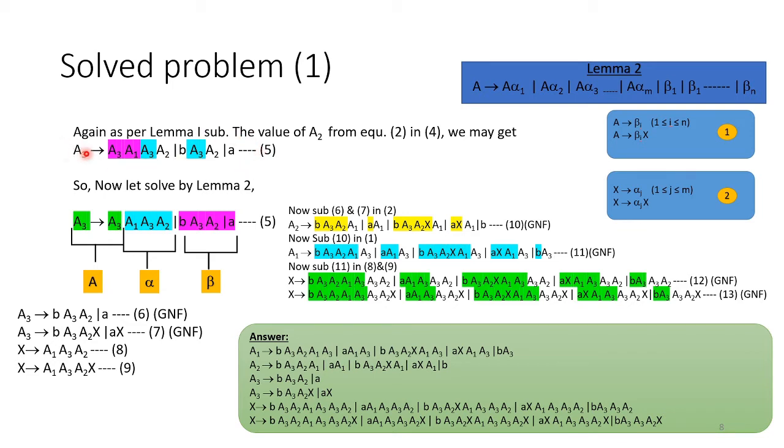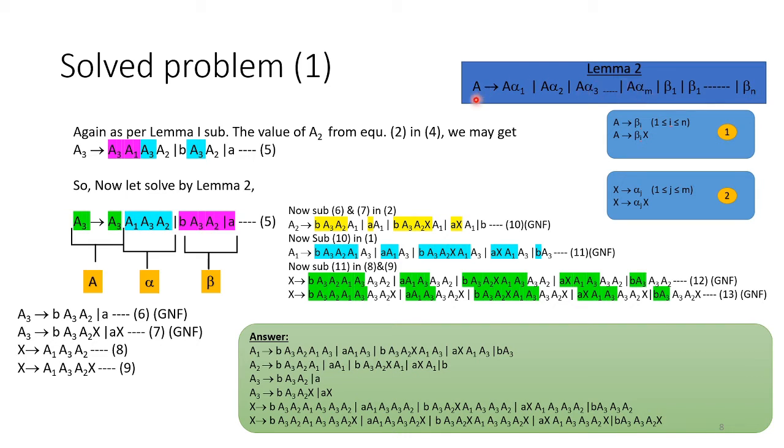Now again it is not in GNF form, but one thing has occurred. You can see A3 on both sides, so the left-hand side has become equivalent, which is left recursion. So now I can use lemma 2. What is my lemma 2? For simplicity I have written it here.